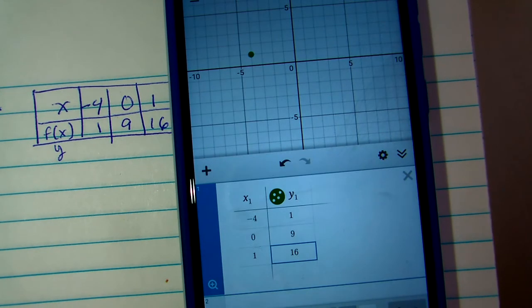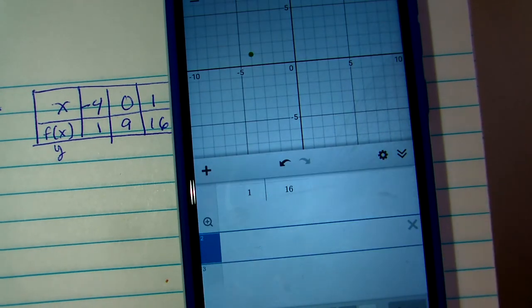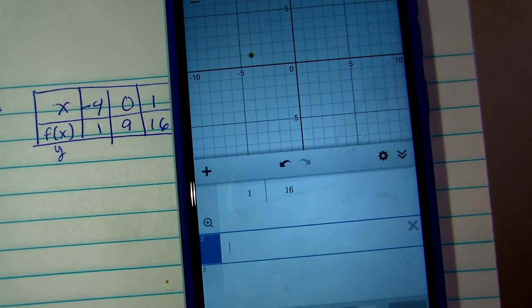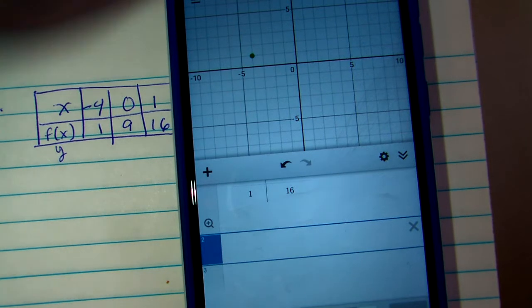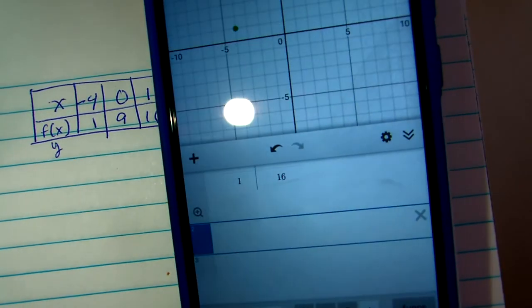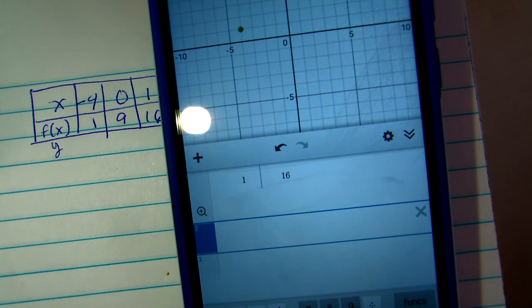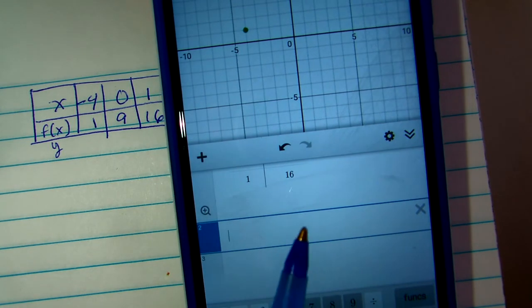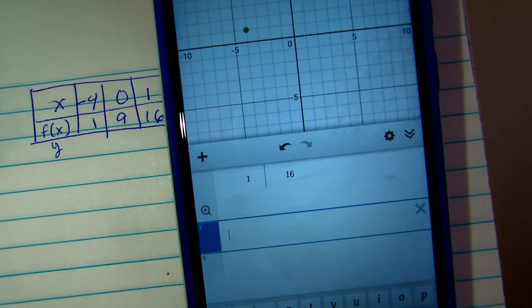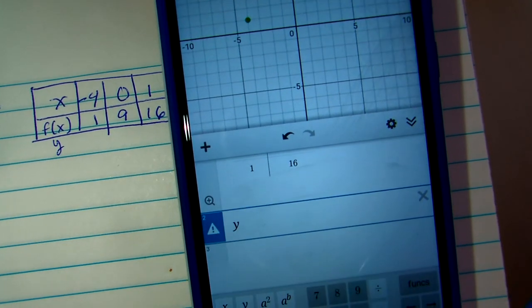Now we go to the second box, where you see this little number 2, and we're going to type y equals. I need the keyboard, where is the ABC? Here's the y, but remember we have to put the 1 as a subscript.